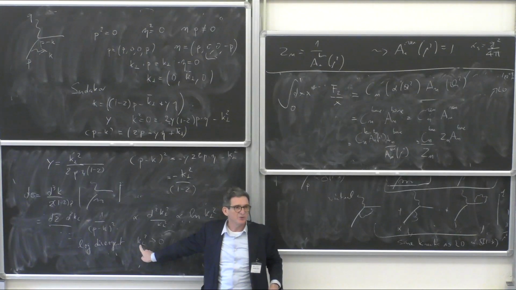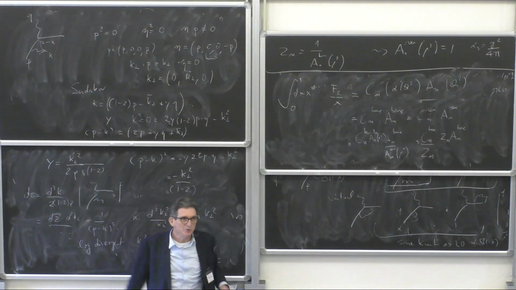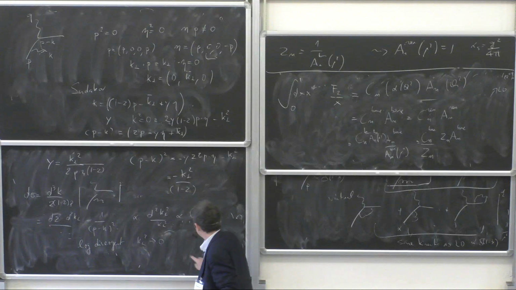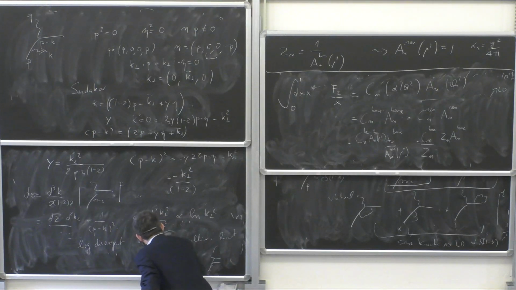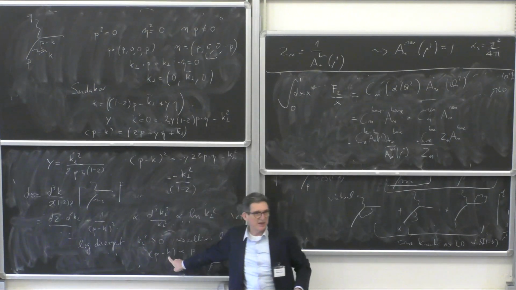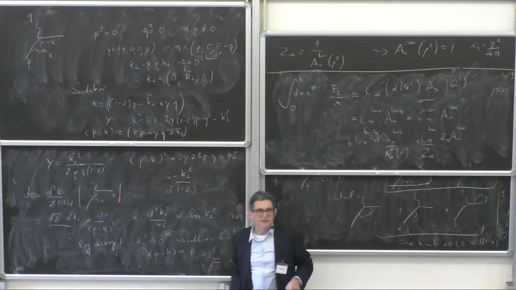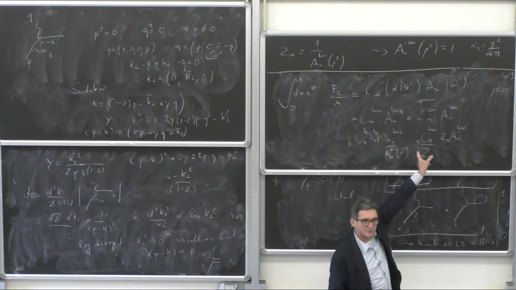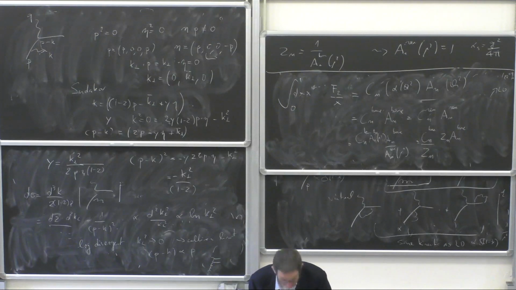K perp going to 0 means that the transverse component of the emitted gluon goes to 0, which means that P minus K is parallel to P. So this is what is called the collinear limit, because P minus K is proportional to P, because k perp goes to 0. They are both aligned, okay? And in this collinear limit, I have a collinear singularity, and the collinear singularity is the thing that cancels between coefficient function and operator matrix elements.